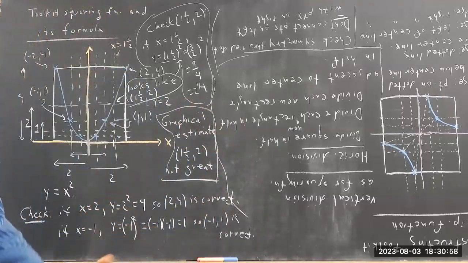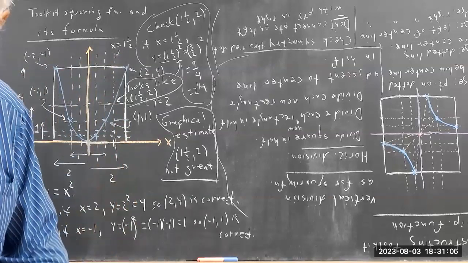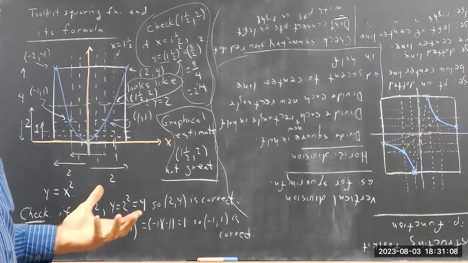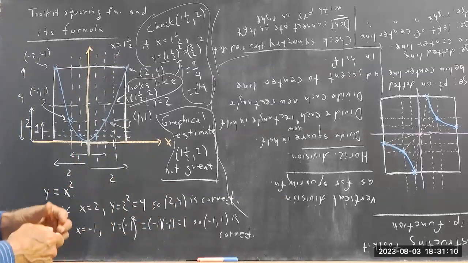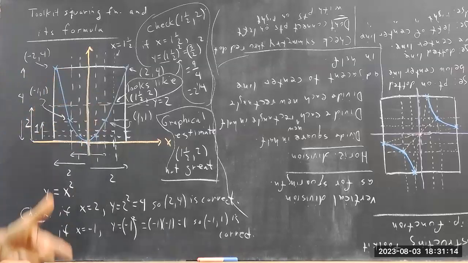This could mean one of two things. One of the things it could mean is that I lied to you, and this graph isn't a good way to construct a squaring function. Okay, well, I didn't lie to you. It is a good way. You'll have to check that out yourself.